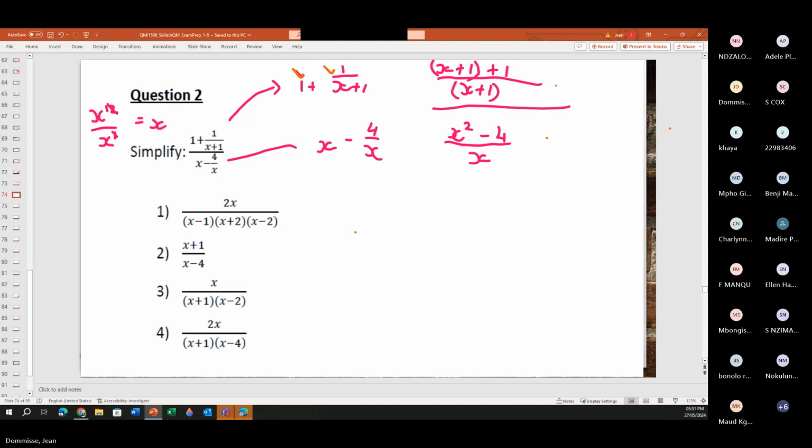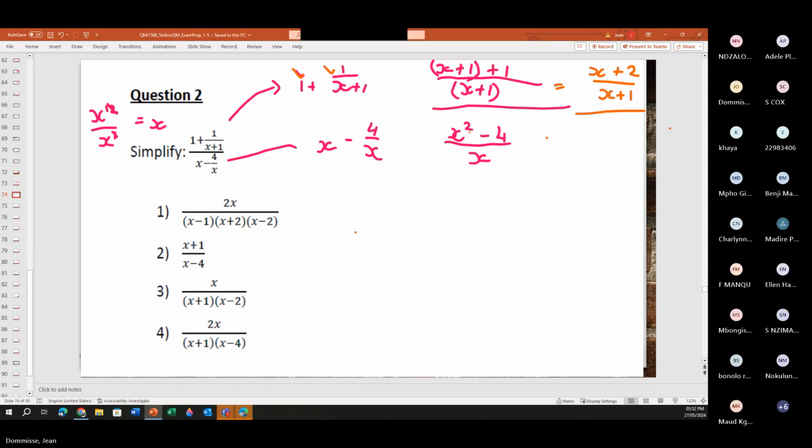So at the top, we now have x plus 1 plus 1. So we actually have x plus 2 over x plus 1. Okay, so there at least we start seeing a x plus 2.